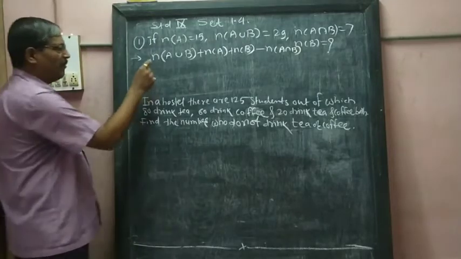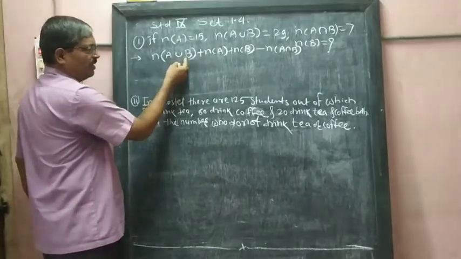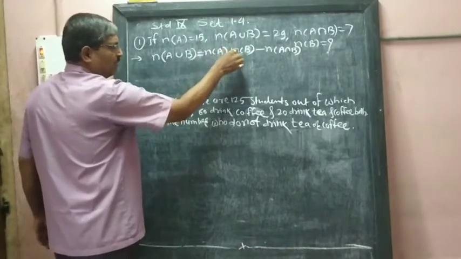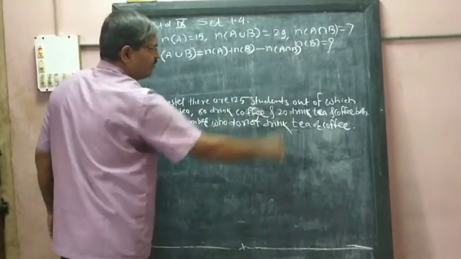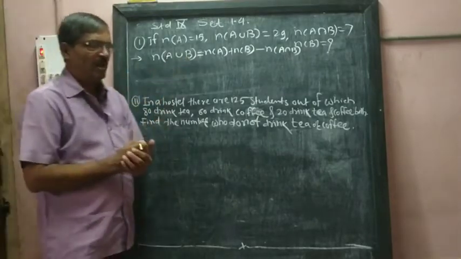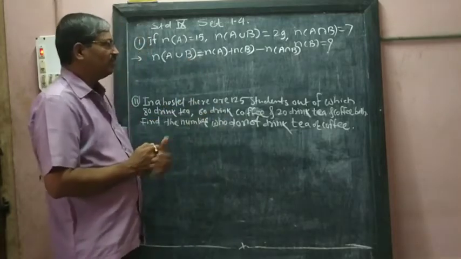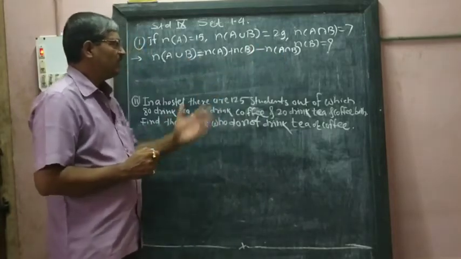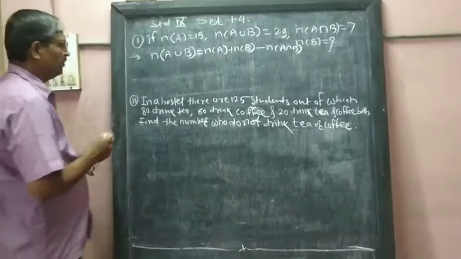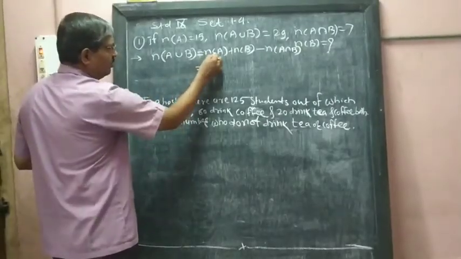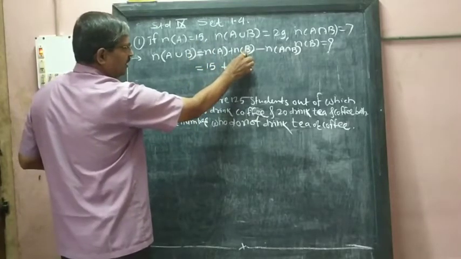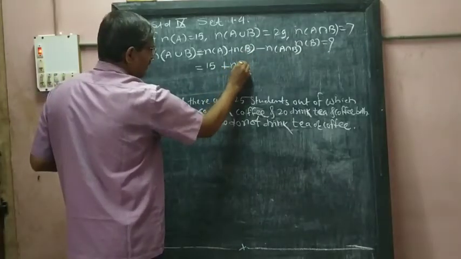One more time, see, the number of elements in A union B is equal to the number of elements in set A plus the number of elements in set B minus the number of elements in set A intersection B. This is the formula by which you can calculate the number of elements in the intersection set or in an individual set, or even the number of elements in A union B. Now we will put in the values. The number of elements in set A is equal to 15, and the number of elements in set B is what you have to calculate.